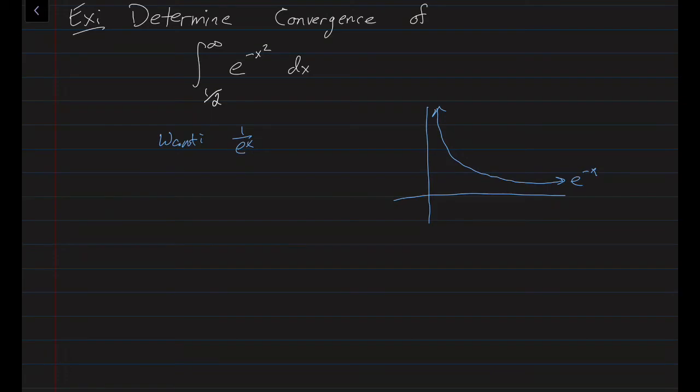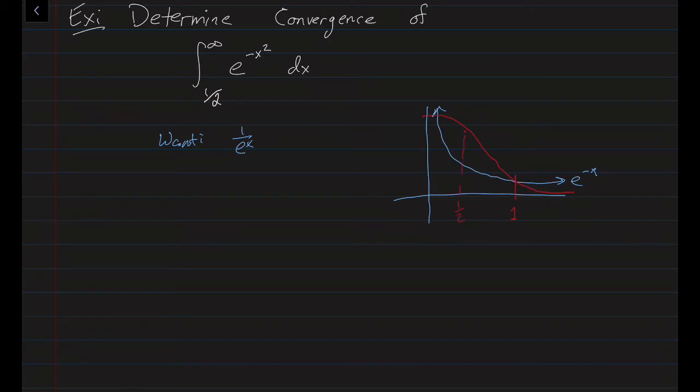So let's say that's e to the negative x, but e to the negative x squared looks something like this. And this intersection value is going to be at 1.